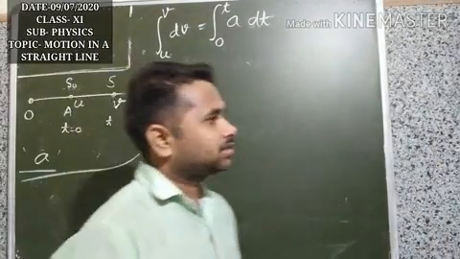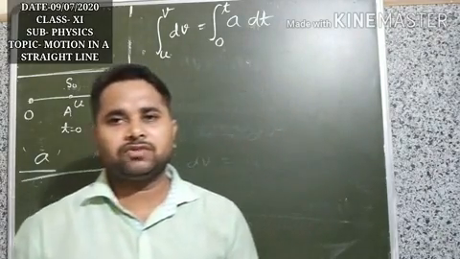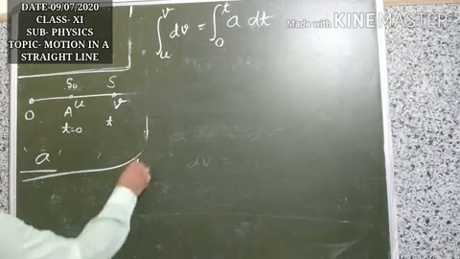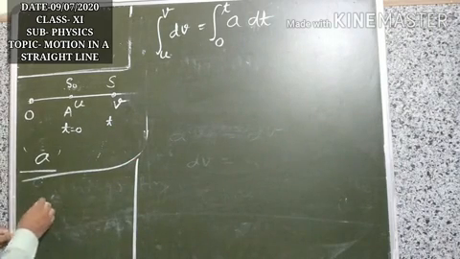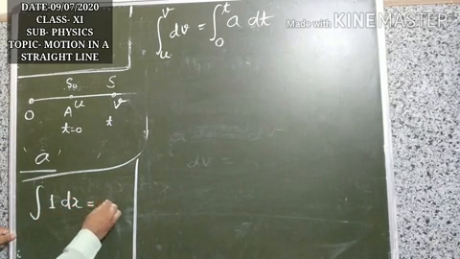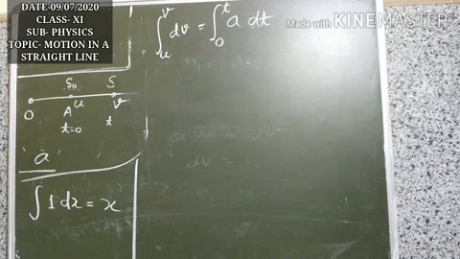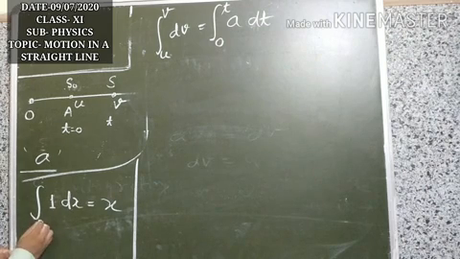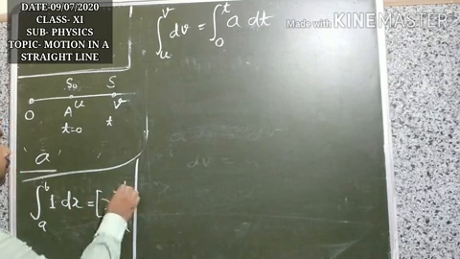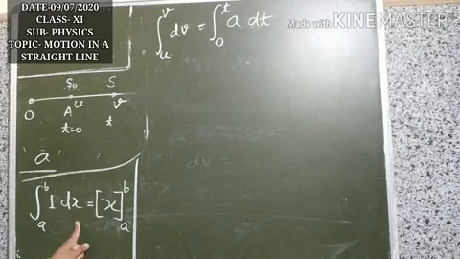In yesterday's lecture we discussed some integration formulas. There you can mark one more formula for integration. See here, integration of 1 with respect to x is equal to x. Suppose the limits are a and b, so for this integral we will apply a to b.